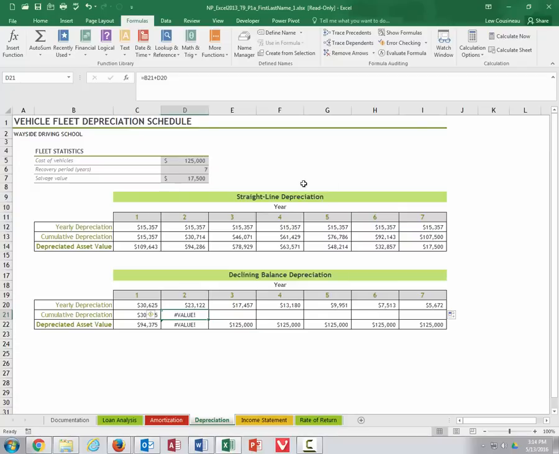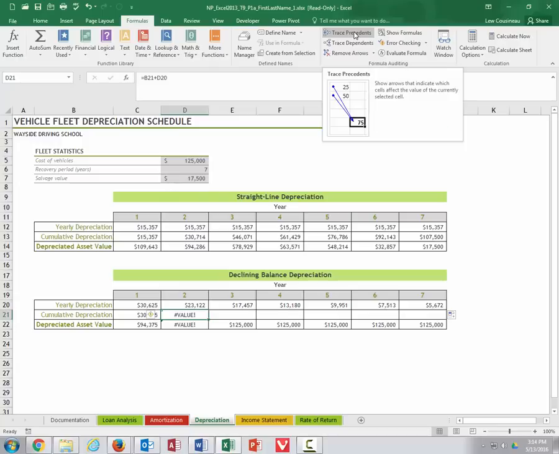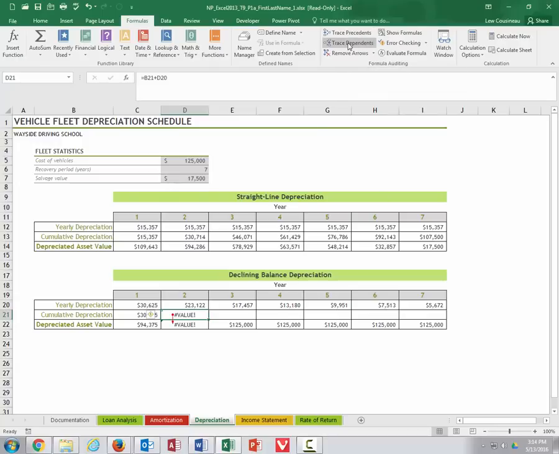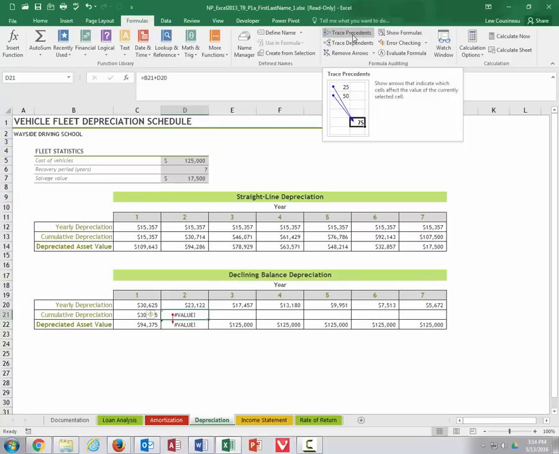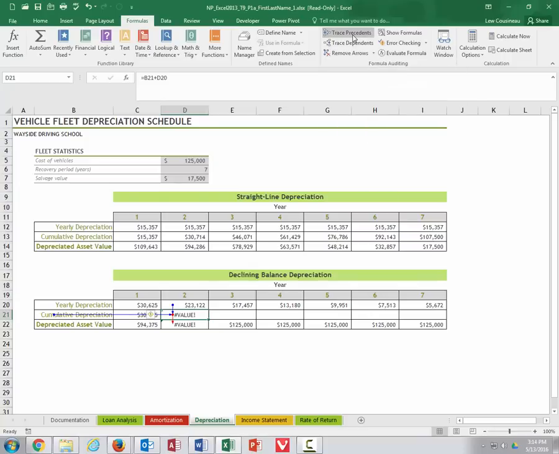In instruction 12, they want us to take a look at the problem with D21. And just to have some practice, they're saying use, again, in formulas, formula auditing, there's trace precedents and trace dependents. So who uses me, right? So when I click on trace dependents, it says who uses the value that's in this cell, and the answer is, well, the cell right below me. Trace precedents is who do I use? How do I calculate my formula?